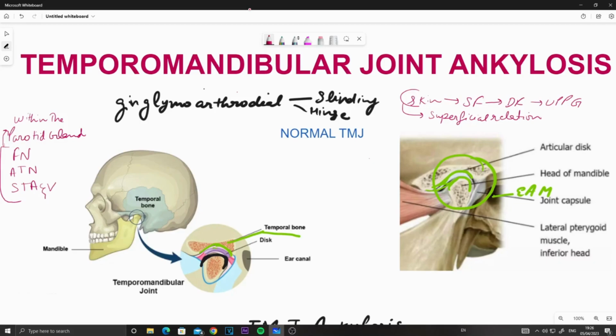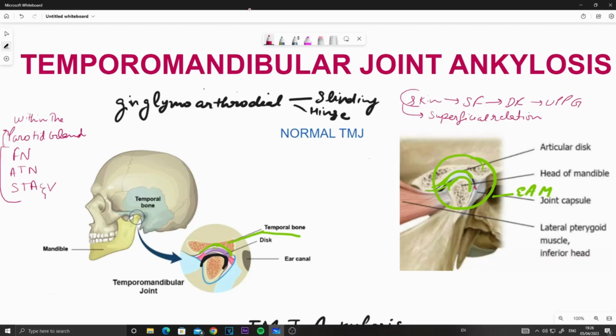Now this is the posterior articular lip, which basically prevents the impingement of the tympanic bone.